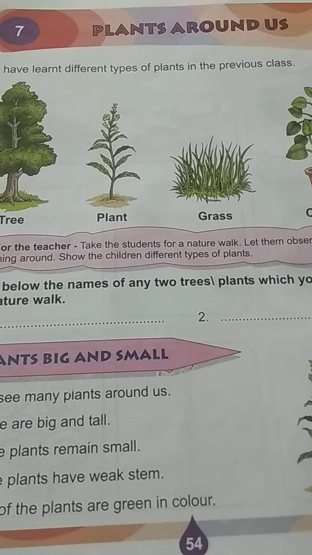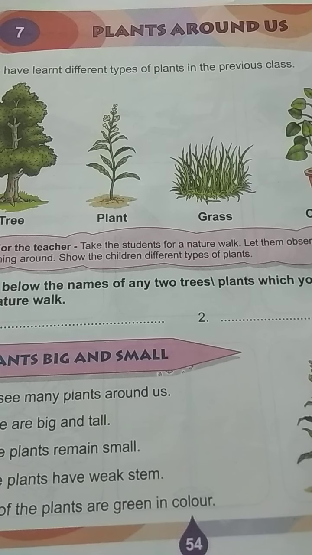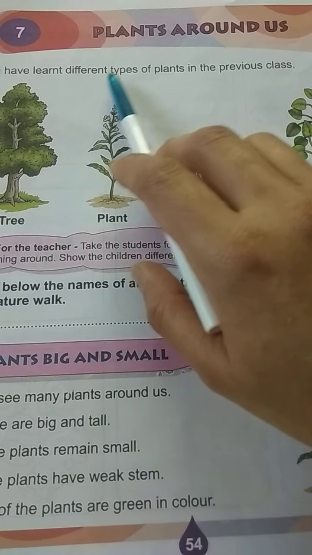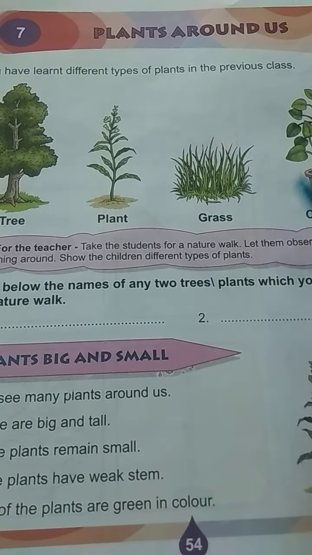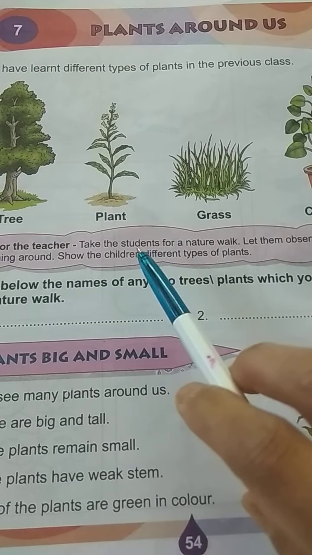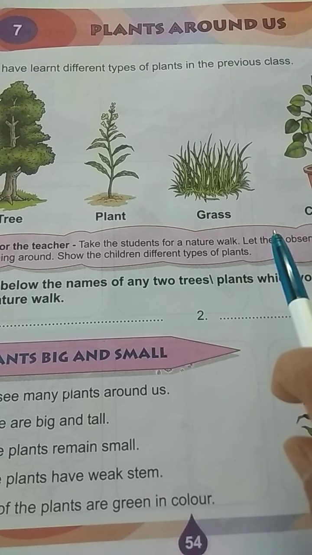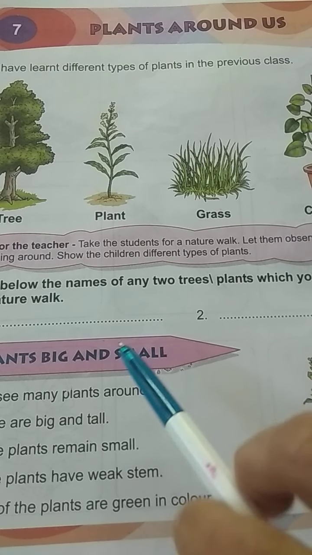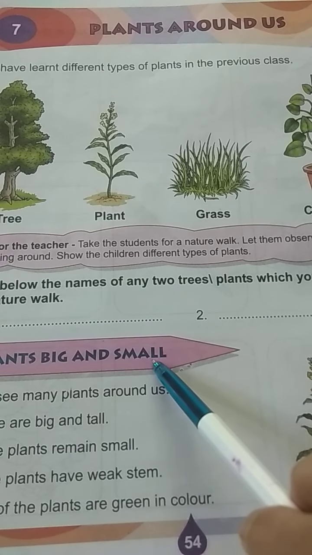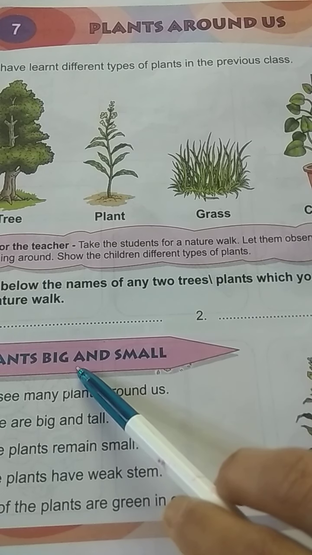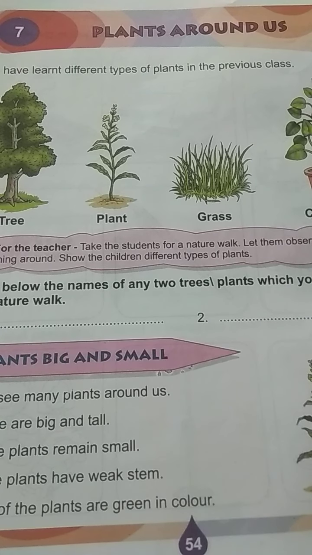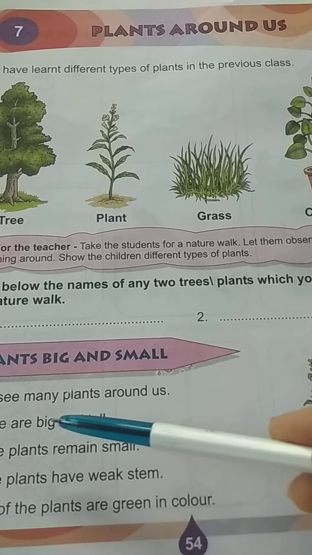So with this, we come to know that there are different types of plants all around us, and they look so beautiful, and they make our environment also look so beautiful. So the plants can be big and they can be small. A big plant like a tree, and a small plant like your grass, your climbers. There are many other plants.